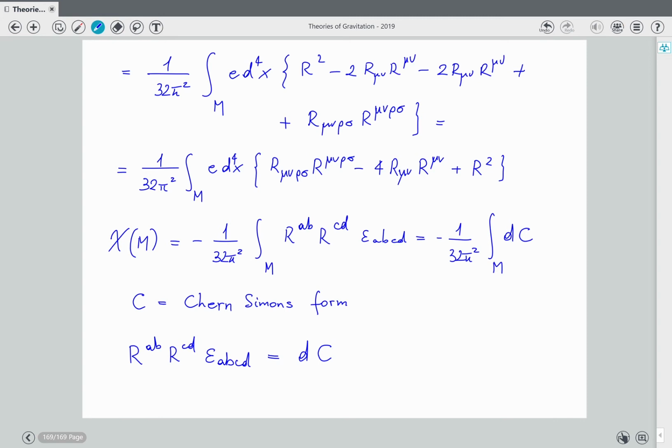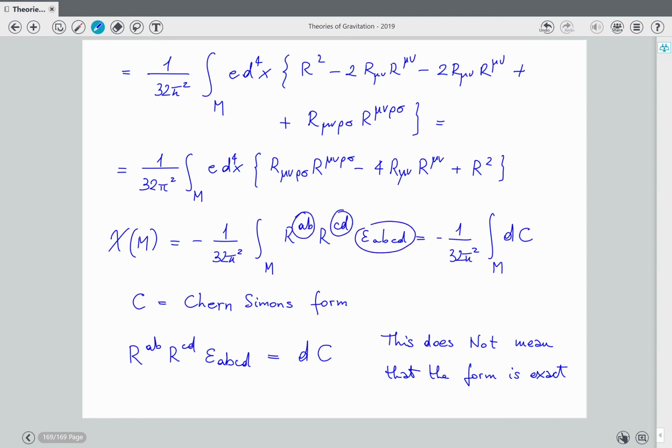No, that does not mean that the 4 form is exact. Why? Because we will see that to write the form C, we need, again, these indices.